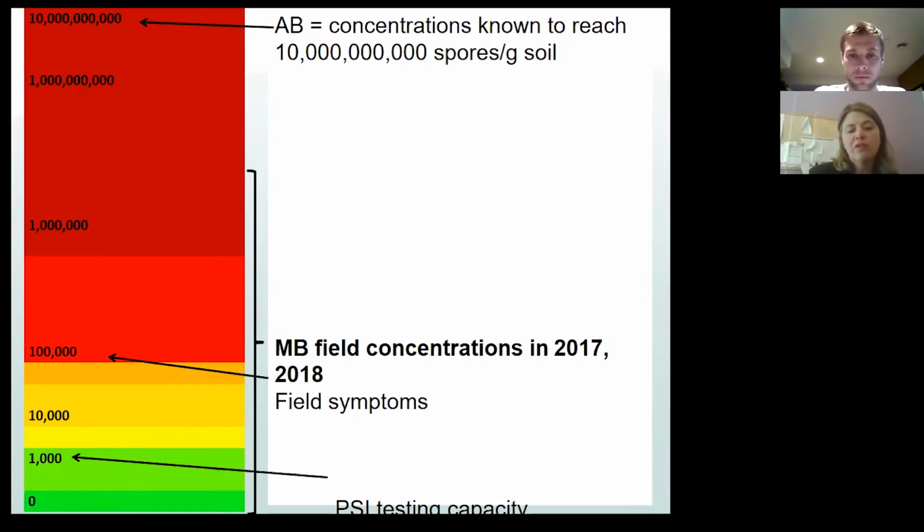I would much prefer that producers find it at this stage, a few plants, a couple of galls, or get their soil tested and find it at this stage, than get to this point and have acres and acres that are affected by clubroot. So just keep that in mind. Finding these spores at low levels, and being able to prevent it getting up to these levels, is the way that we're going to continue to grow canola and be profitable at it. Clubroot's going to be a management thing that we do. It's not going to be something that manages your rotations in the future.